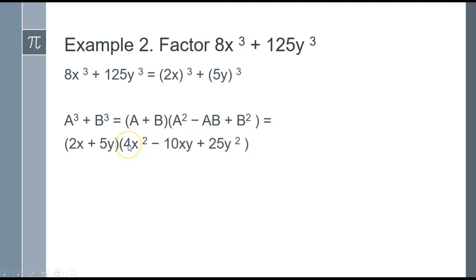A squared becomes 4x squared. 2 times 2x times 2x is 2 times 2 times x times x. So that gives me 4x squared. And then b squared is 5y times 5y. The 5's multiplied together give me 25. The y's multiplied together give me the y squared. So once you recognize what's cubed, you have to work carefully to use the formula and make sure you do all the algebra right and simplifying.